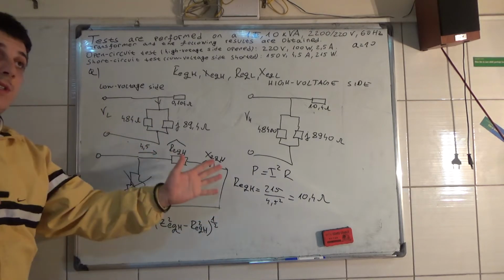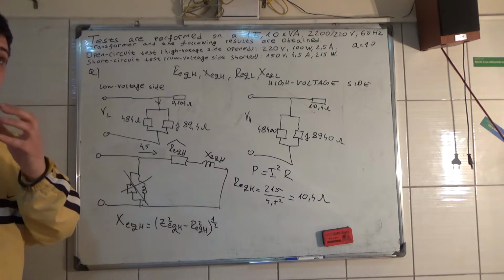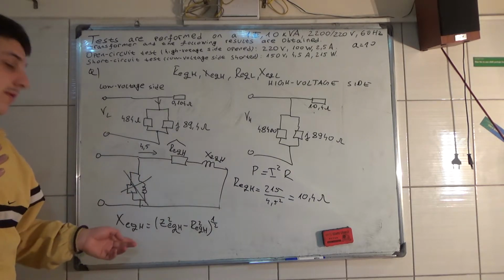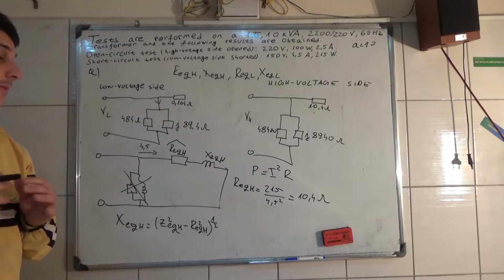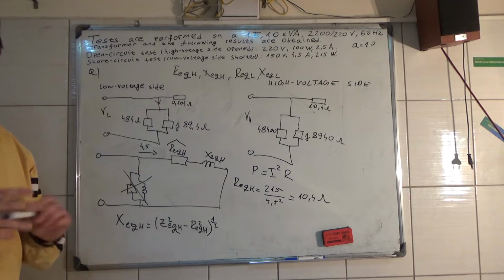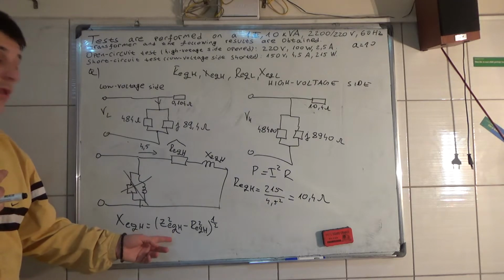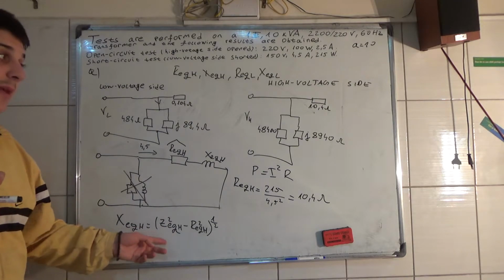We have a series resistance, but for the magnitude of this reactance, you need to measure it from the Pythagoras theorem.